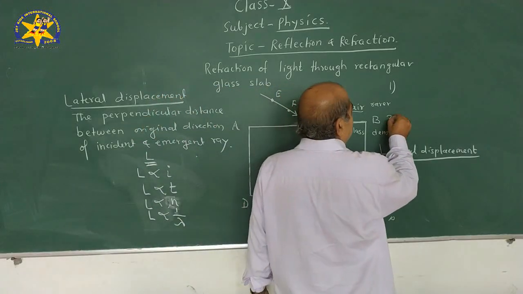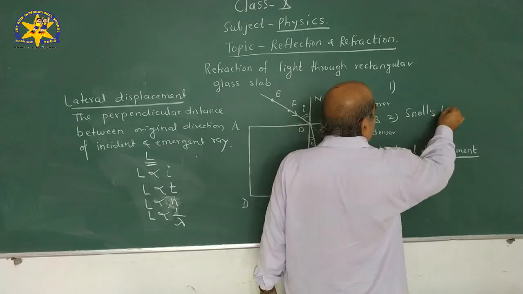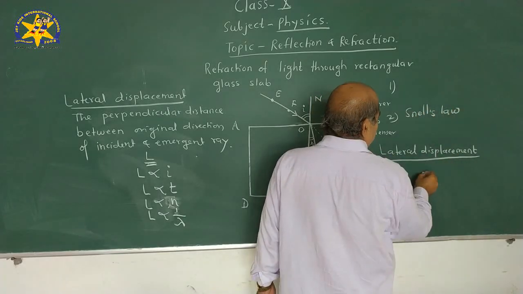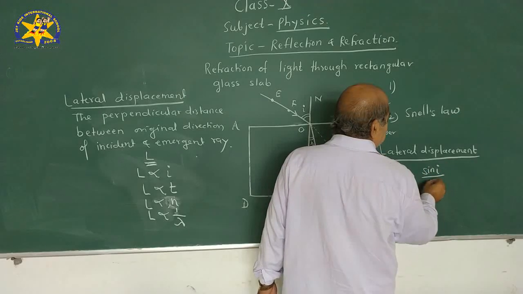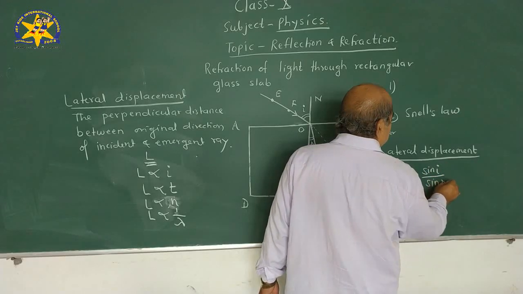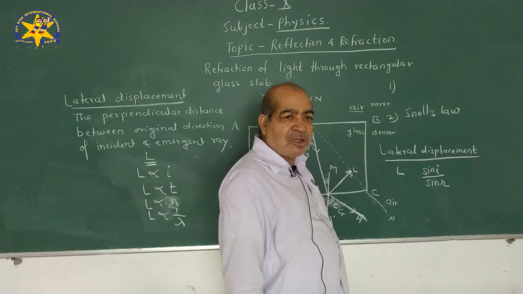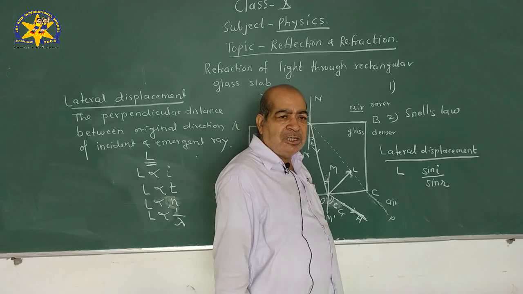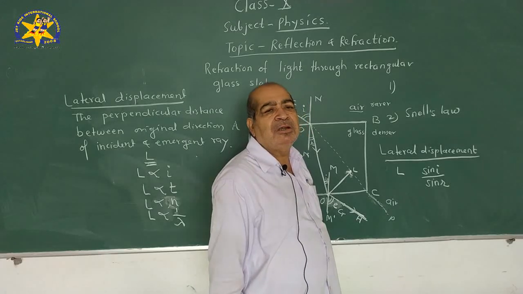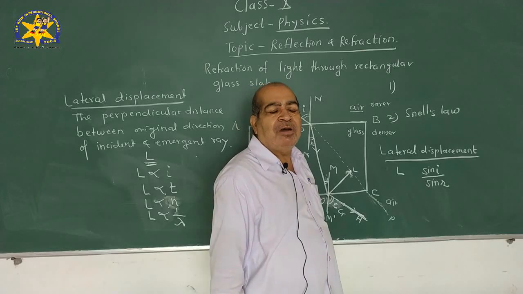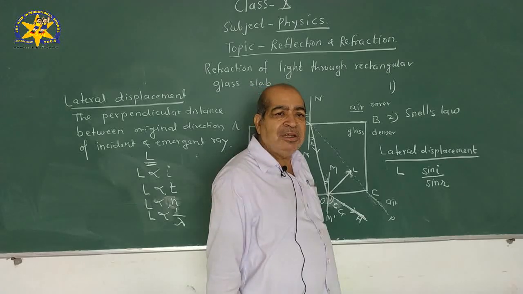And the second law is known as Snell's law: the ratio of the sine of the angle of incidence to the sine of the angle of refraction is constant for the given pair of two transparent media and for the given color of the light.